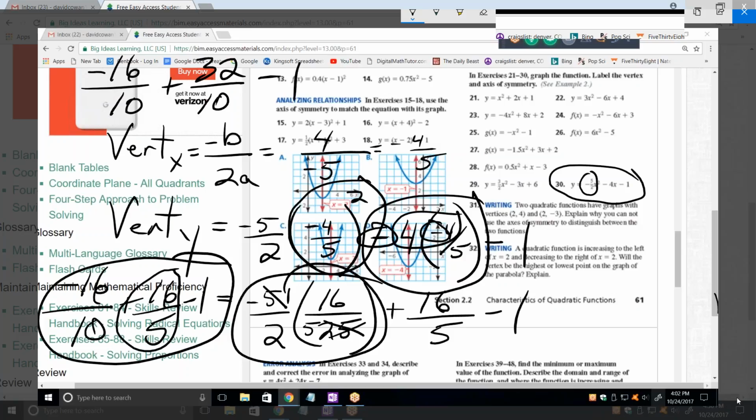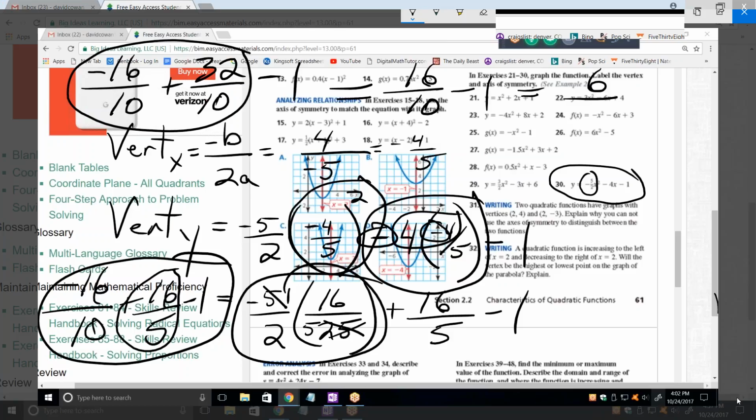Minus 1. Now I can operate on just the numerators. So that becomes 16 over 10, what I have circled there. Minus 1 becomes 6 over 10, becomes 3 over 5. That is the y-coordinate of the vertex.